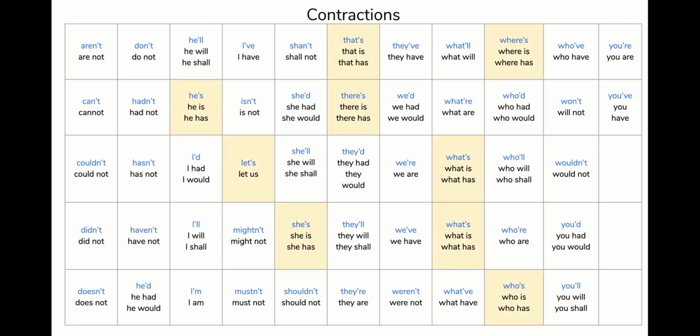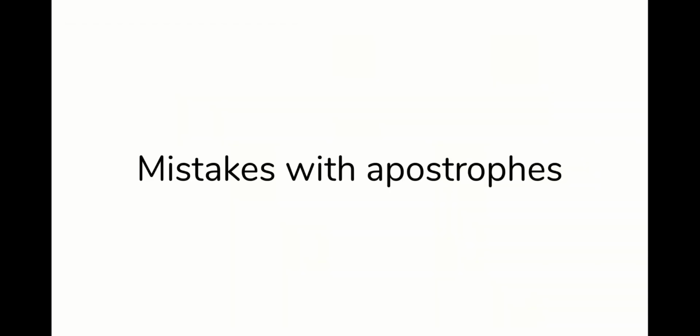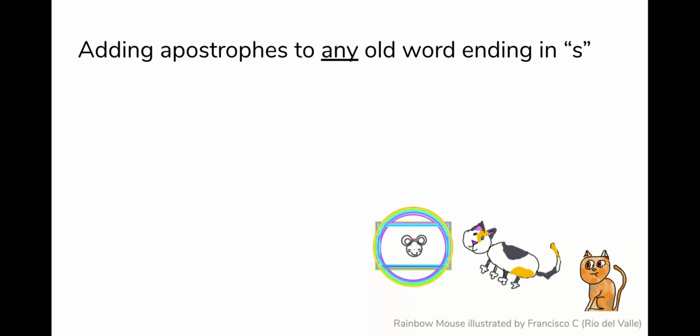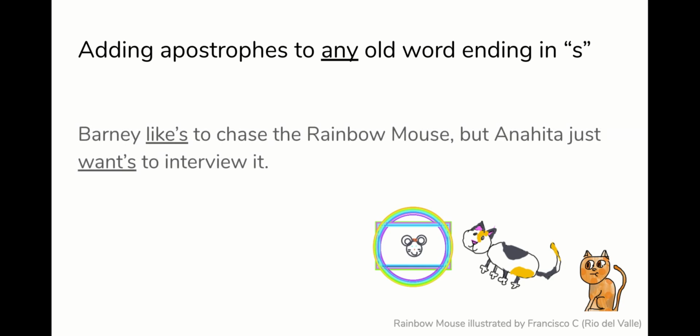However, I wanted to point out the ones that end with an S, because this leads to a very common mistake that I see in middle school. Mistakes with apostrophes we're going to go into. So a lot of times I'm going to see apostrophes put in any old word that ends with S. For example, Barney likes to chase the rainbow mouse, but Anahita just wants to interview it.